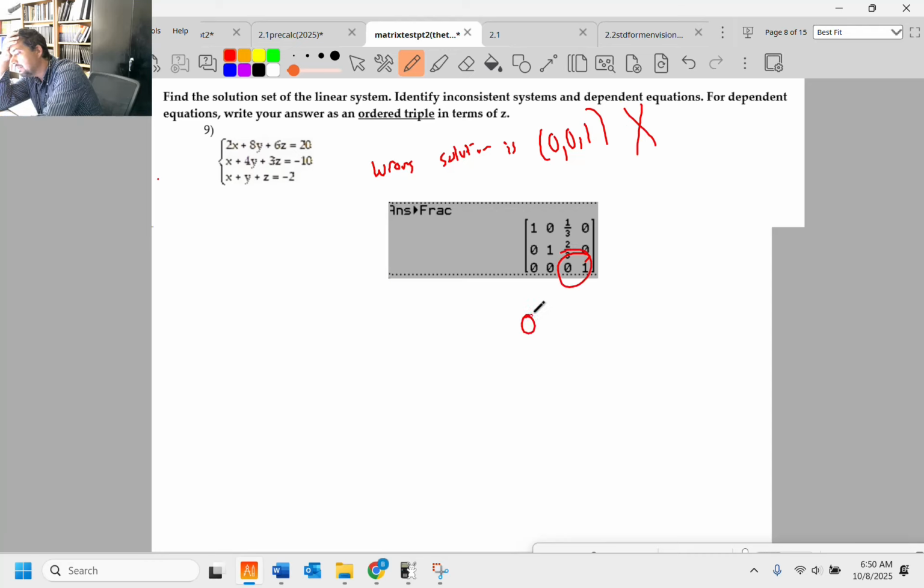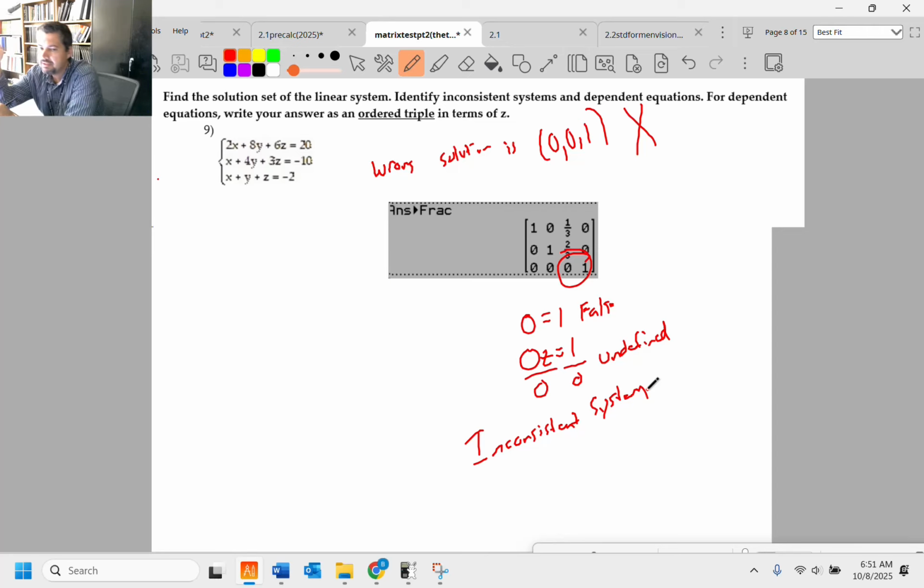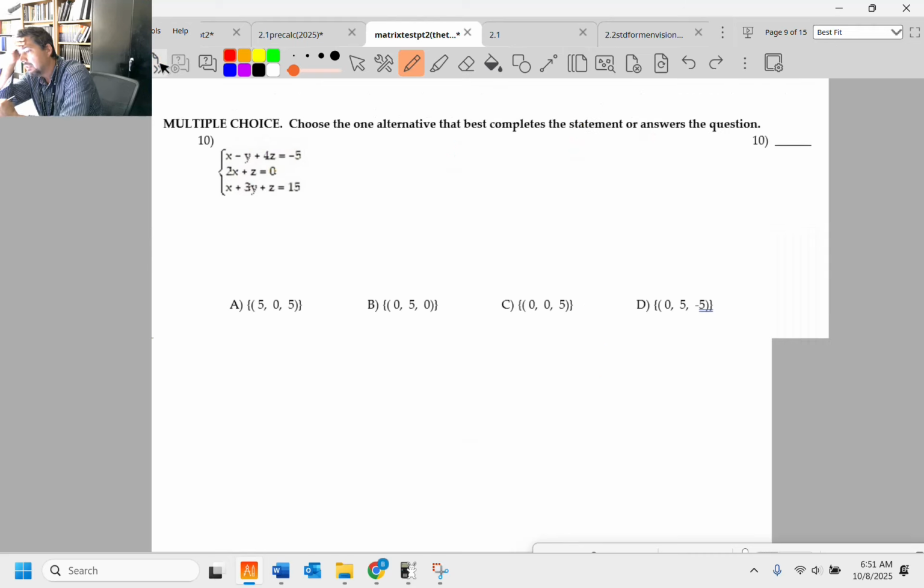This last line says 0 is 1, which is false. Technically it says 0z equals 1, and if we divide by 0, we get undefined. This is an inconsistent system. It is not a dependent system. It's not consistent. It has no solutions. None.